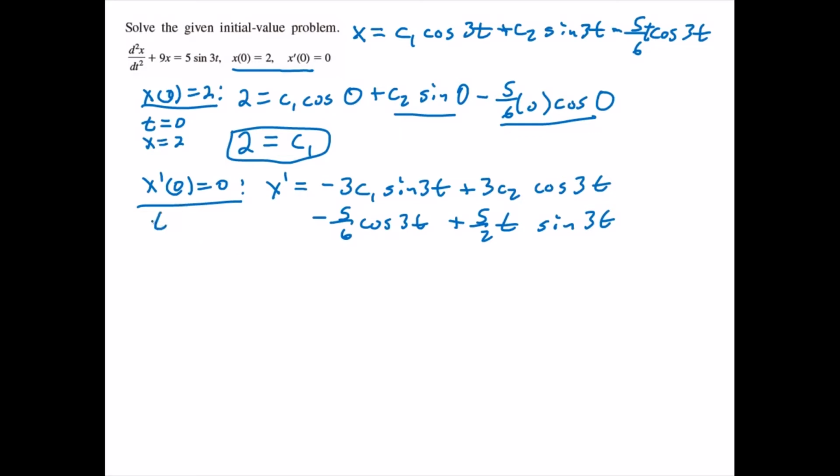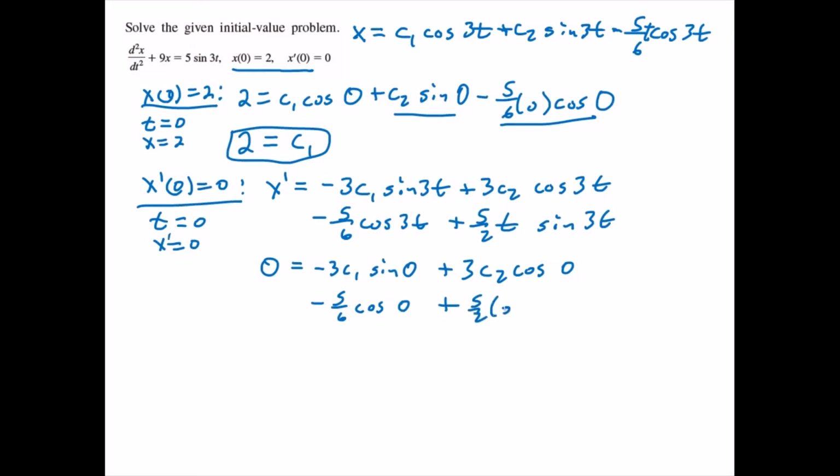And so in this case, when t is equal to 0, x prime is equal to 0. So we'll substitute 0 for x prime, and we'll get negative 3c sub 1 times the sine of 0 plus 3c sub 2 times the cosine of 0 minus 5/6 times the cosine of 0 plus 5/2 times 0 times the sine of 0.